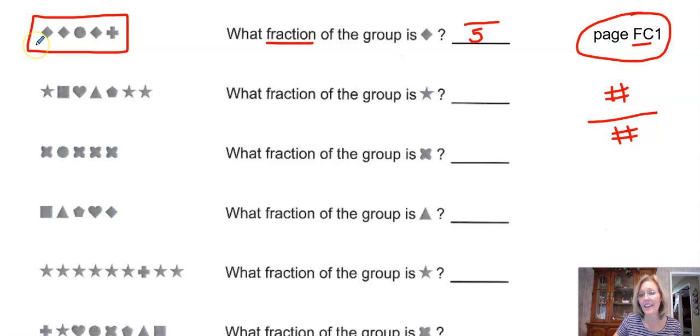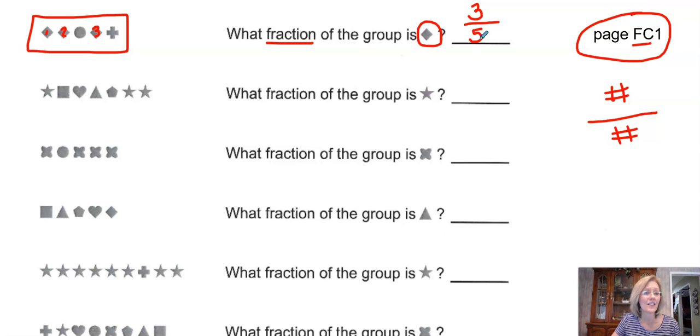Okay, then I want to figure out how many of the set are diamonds. 1, 2, and 3. 3 of them are diamonds. So what fraction of the group is diamonds? 3/5. Remember, you put the TH on the denominator number's name.